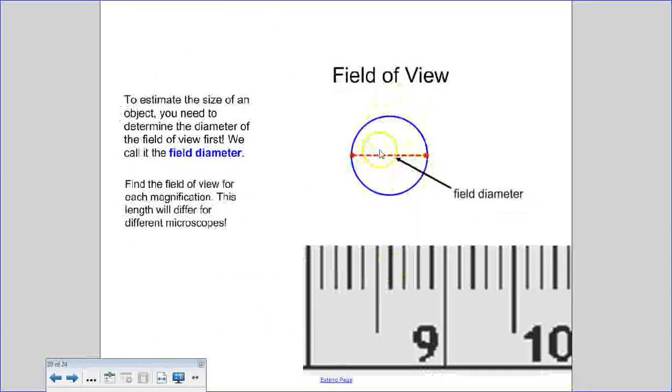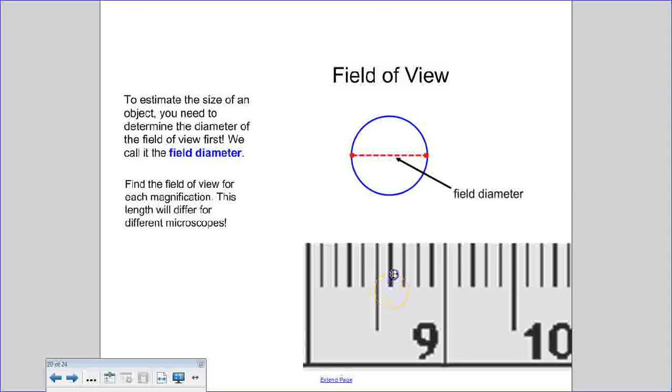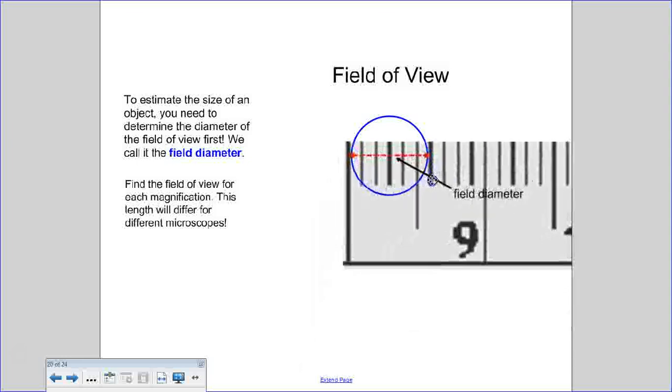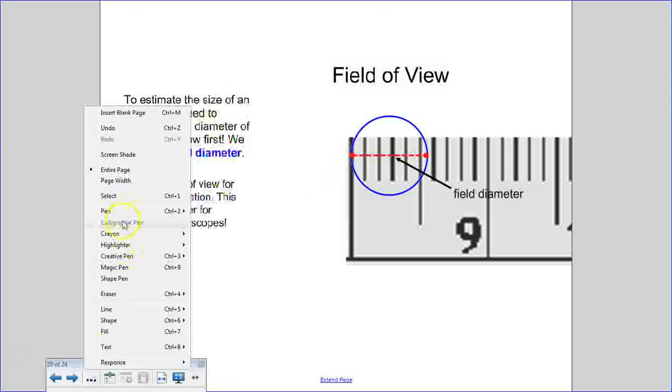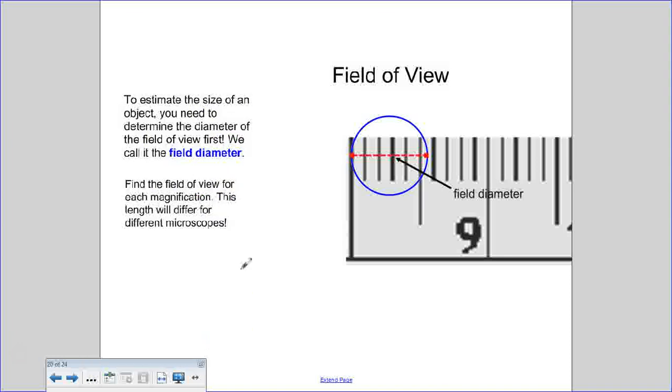So we're looking down into the microscope. I'm going to give you a clear ruler, and on low power, you can fit that clear ruler in here. What you do is set it so you can just barely see the edge of black, so I know that there's a line there. Then I'm going to measure with a different color pen, let's see, blue.